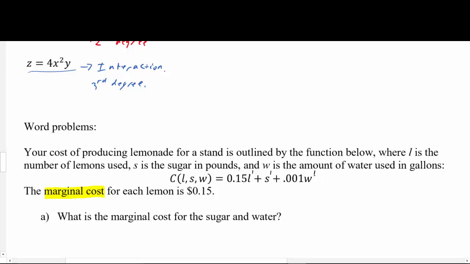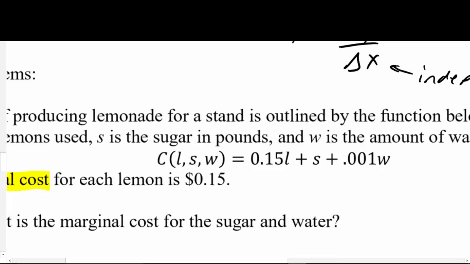Hey, this thing's a linear function, and what we know about linear functions is they have constant slope. So think about slope. We're used to having slope as change in y over change in x, right? Well, that really stemmed from dependent variable divided by independent variable, right?